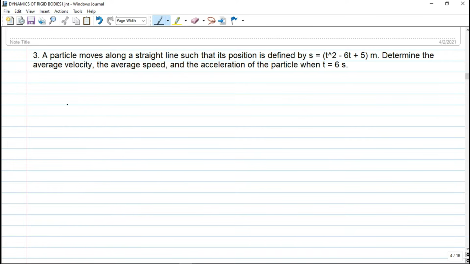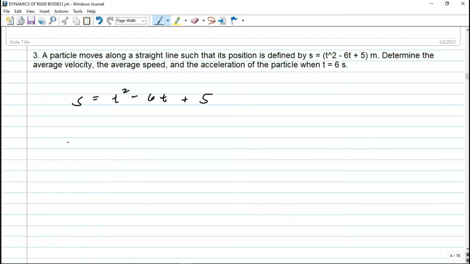First thing to do is to write the equation of your distance with respect to time. We have S is equal to t squared minus 6t plus 5. So this is the equation, a quadratic equation. In order to determine the average velocity, we need the displacement of the particle from time 0 to 6 seconds.